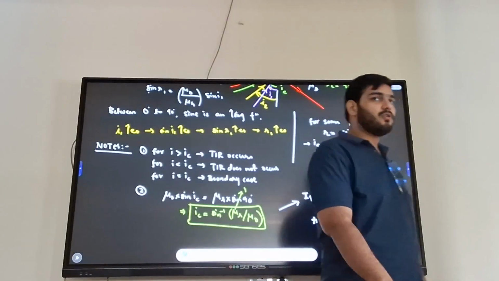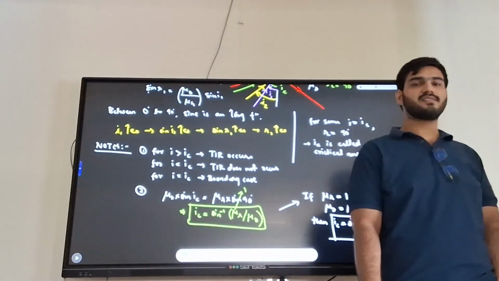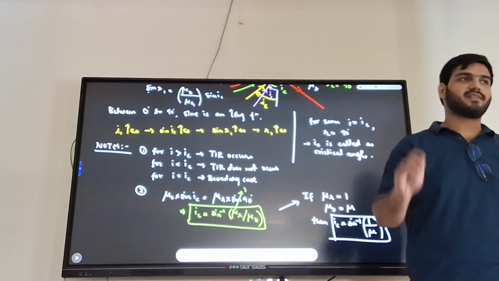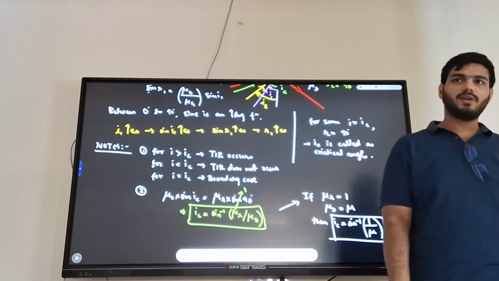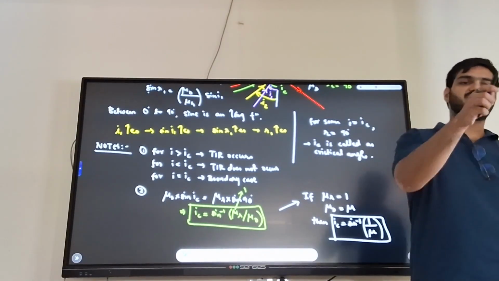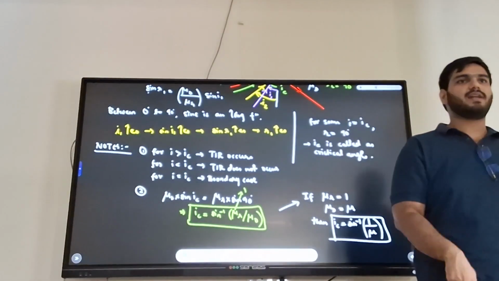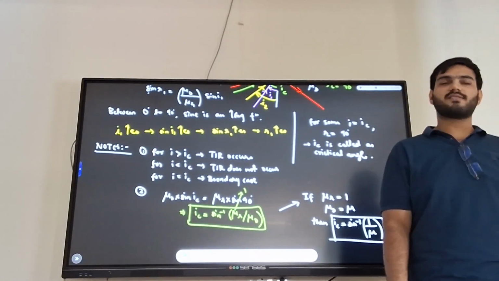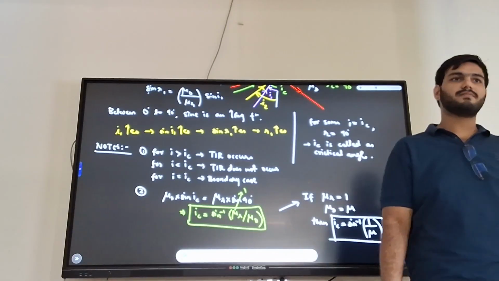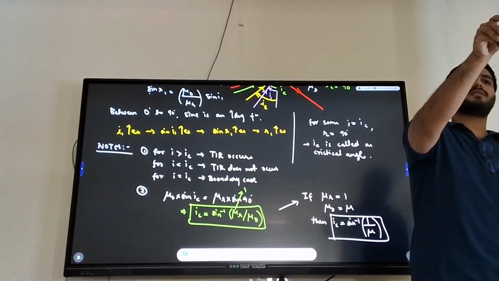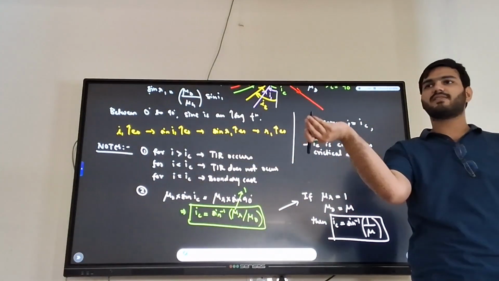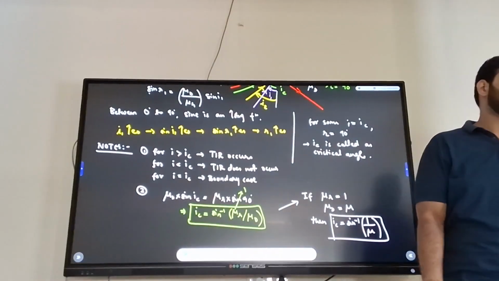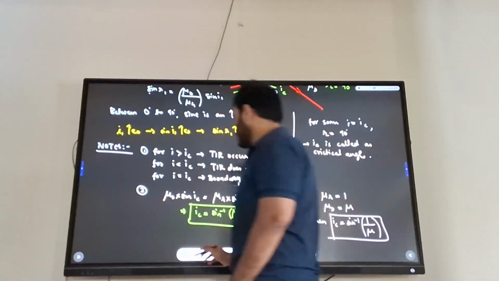This is a very important note that you should remember. TIR only occurs when the rays are going from denser to rarer. Because only in the case of denser to rarer does the ray bend away from the normal, and there is a possibility it will come back. If you take the case of rarer to denser, it bends towards the normal, is there a possibility it will reflect? No possibility, sir. So I should write this.